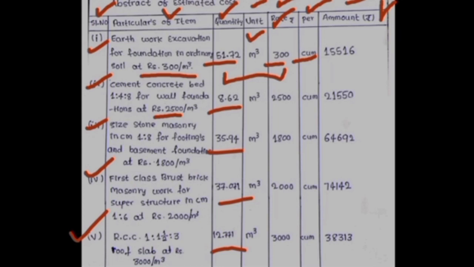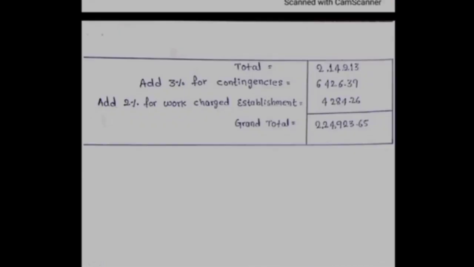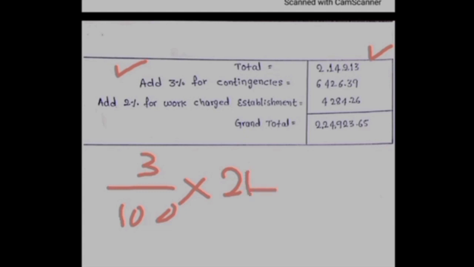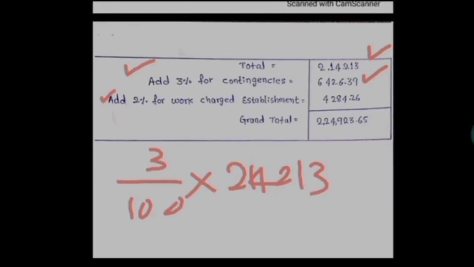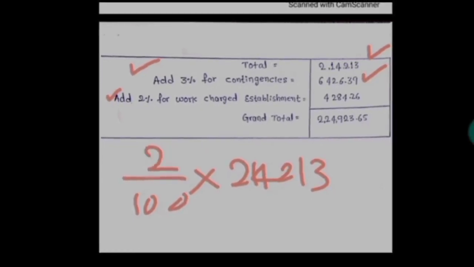Like that we need to calculate the amount of each individual item of work, then add the amounts of all individual items of work. You will get 2,14,213 rupees as the total amount, and add 3% for contingencies, so that is 3 by 100 into 2,14,213, so you will get 6,426.39 rupees, and add 2% for the work charge establishment, 2% of the total amount, so you will get 4,284.26 rupees.